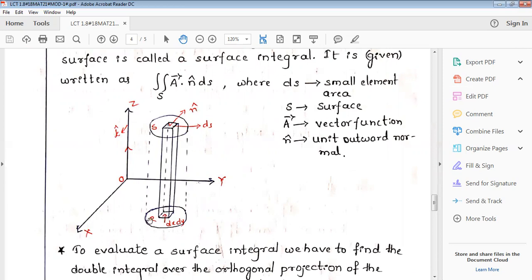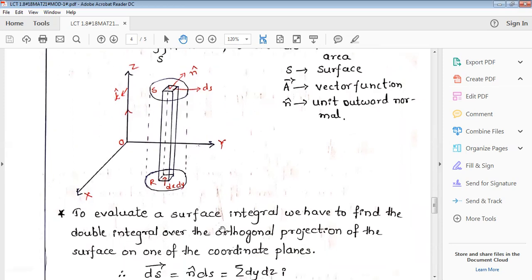Here R is also some region, and the surface has x, y, z, with i, j, k elements. Now to evaluate a surface integral, we have to find the double integral over the orthogonal projection of the surface on one of the coordinate planes.